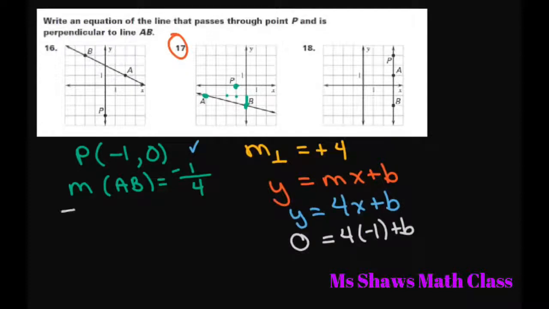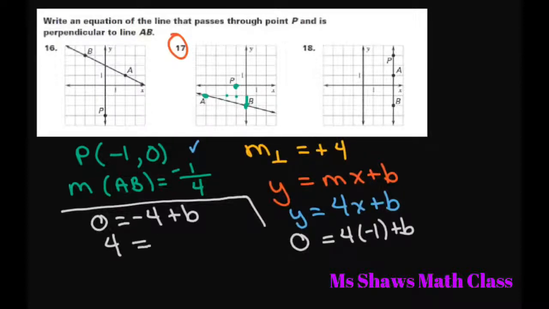So I'm going to move it back over here. So you get 0 equals -4 plus b. You're going to add 4 to both sides, so you get 4 equals b. Therefore, your final equation is going to be y equals 4x plus 4.